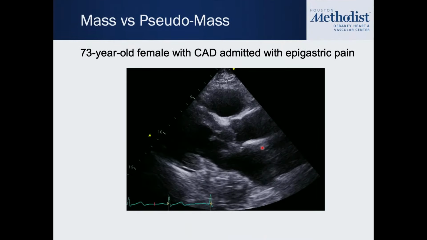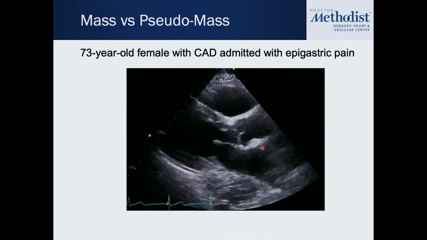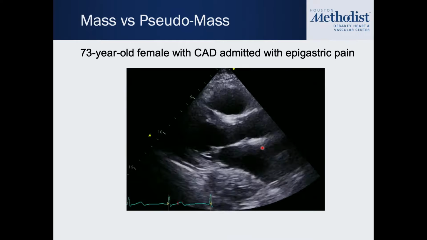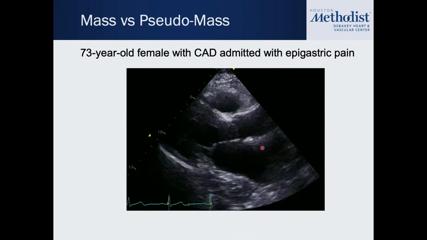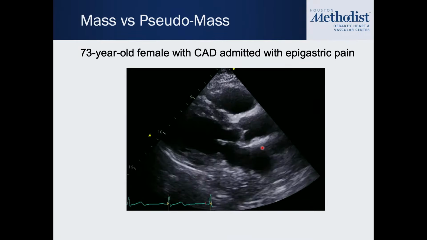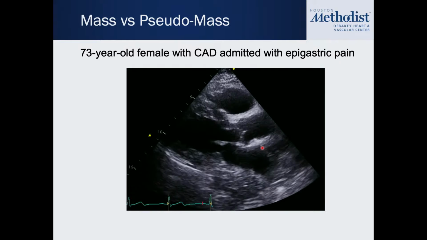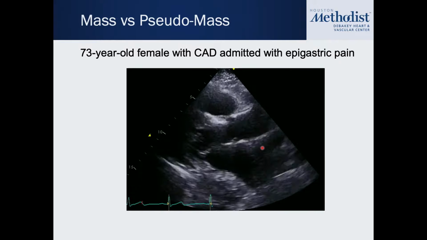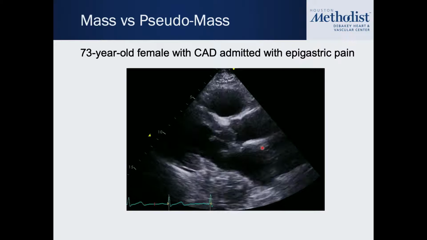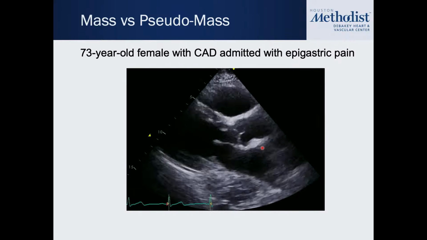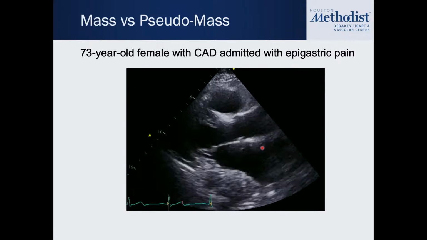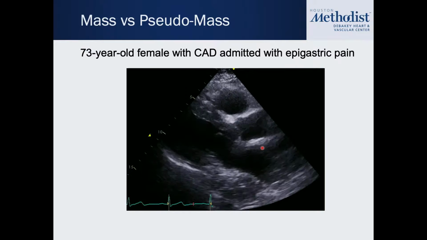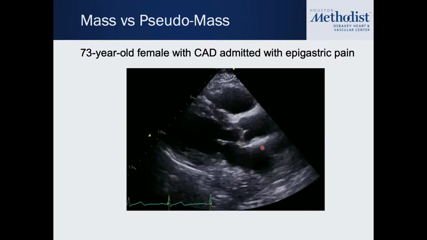All right, so this is a 73-year-old female with epigastric pain. Anything unusual? It could be a trick, it could be just nothing. It could be normal again. What? Where?